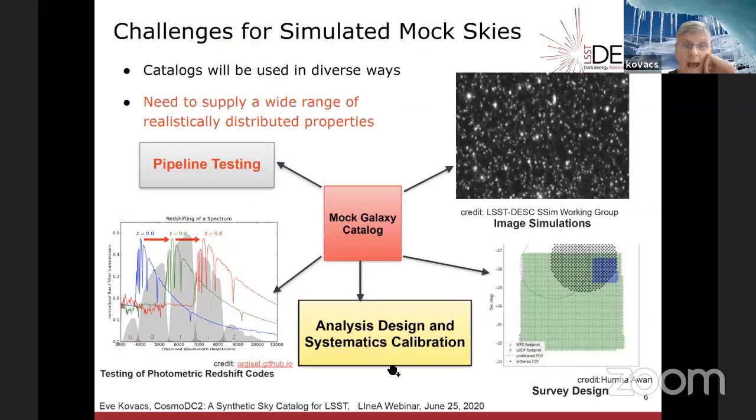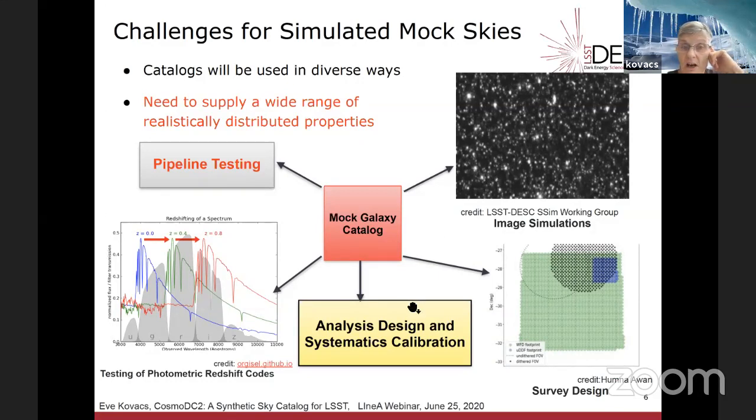And so how will this catalog that we produce be used? It's going to be used in a lot of different, diverse ways. One of the principal ones is to generate image simulations. CosmoDC2 was in fact used as the extragalactic catalog that was the input to the image simulation pipeline to subsequently produce images, which were then put through the data management processing pipeline to produce the simulated images that the various analysis groups could use.